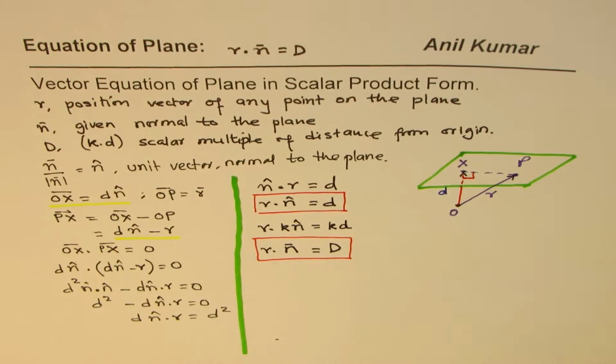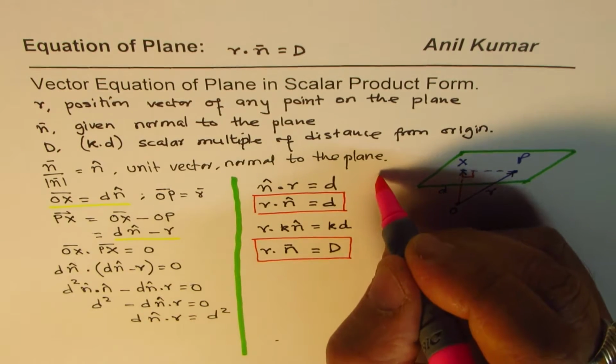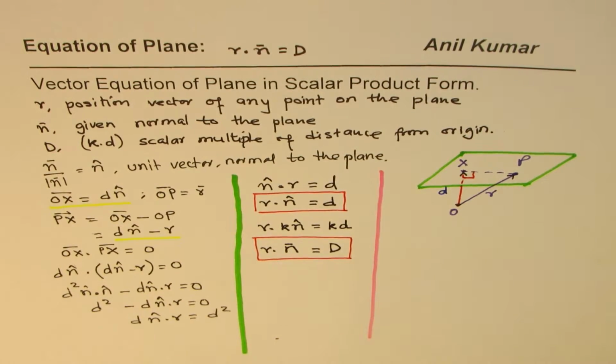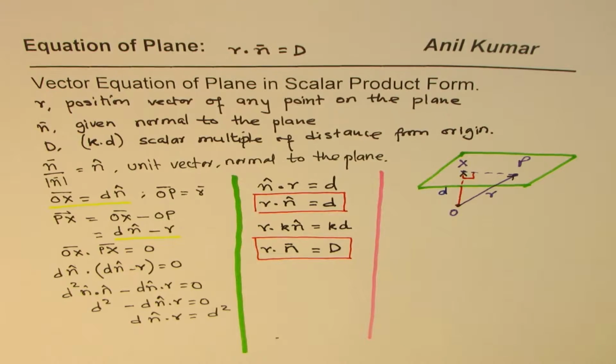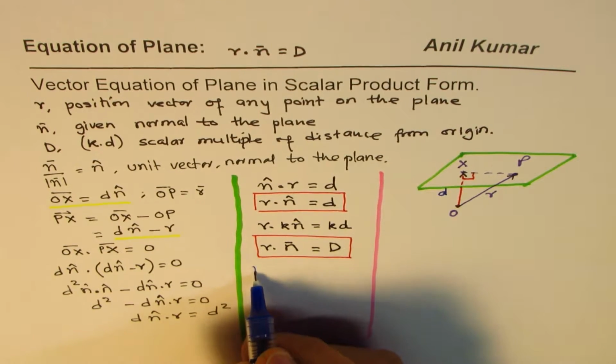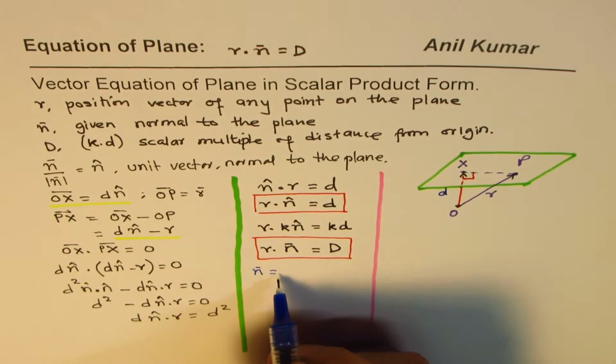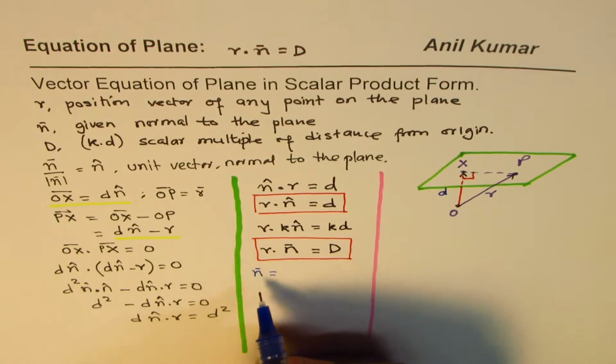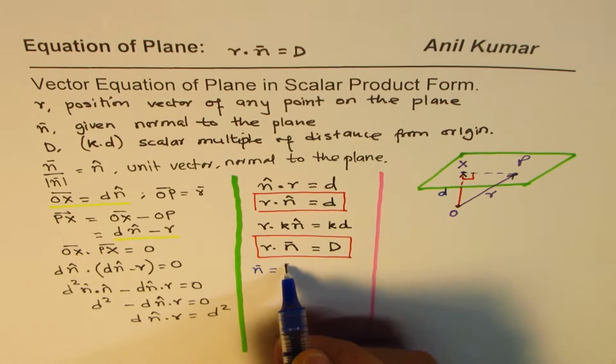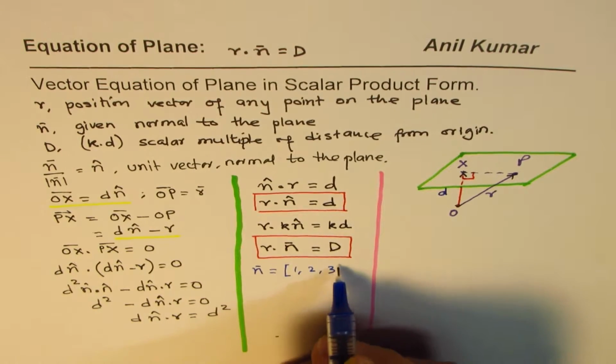Now let's apply this and take up an example. Let's take some value for position vector p and some normal. In general, let us say I have n, the normal from origin. It can be any normal, but you can always place it at the origin. Let's say the normal vector is 1, 2, 3, just general.